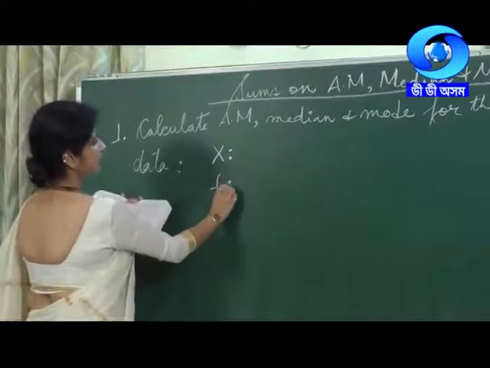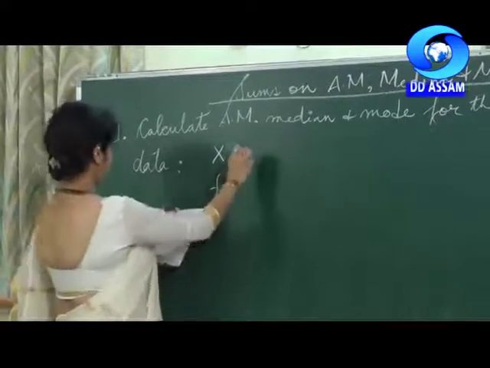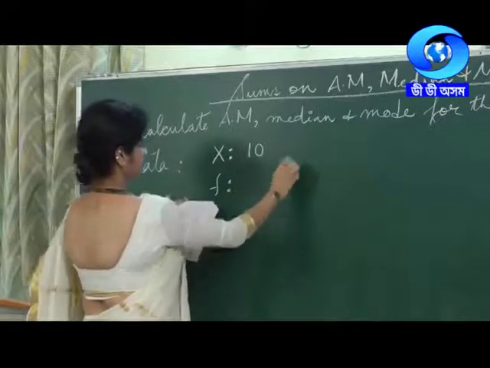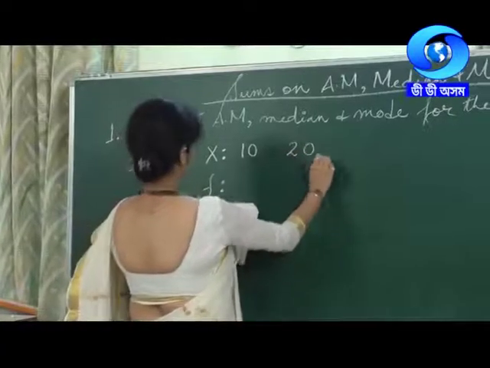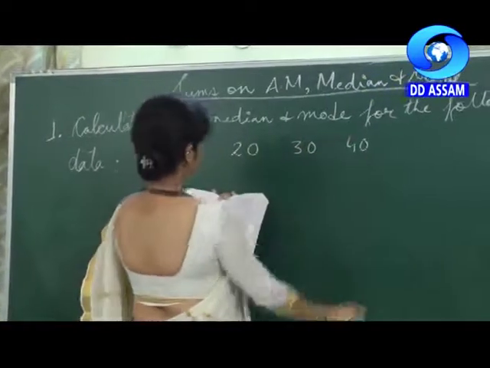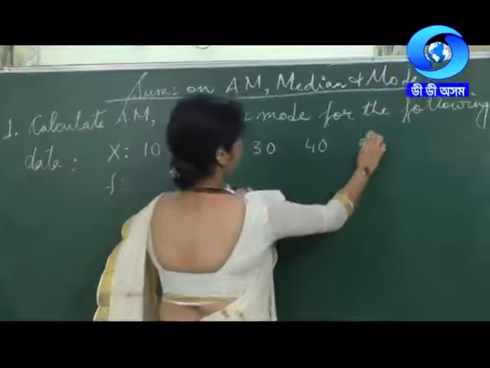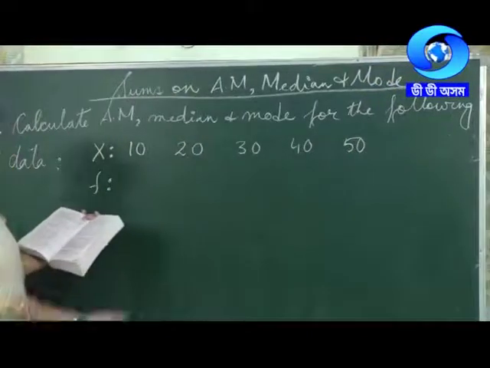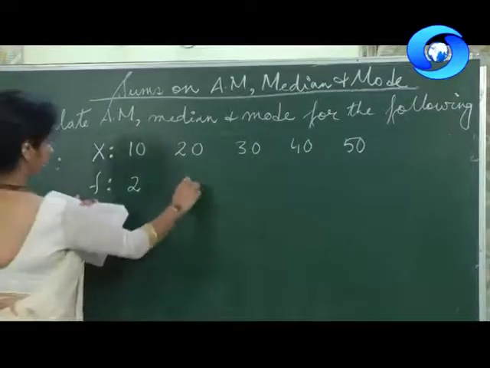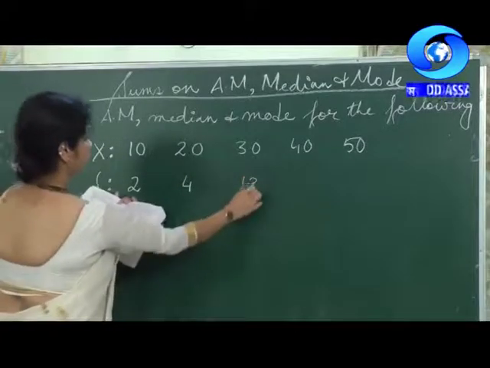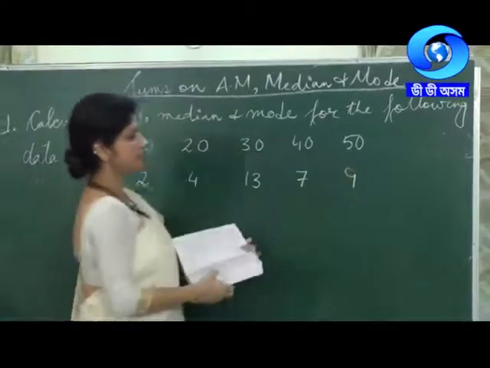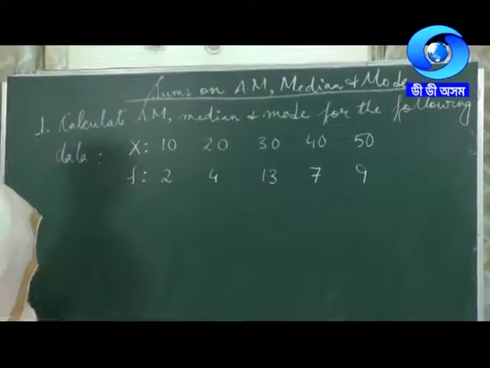The x's are 10, 20, 30, 40, 50. And the frequencies given are 2, 4, 13, 7, 9.